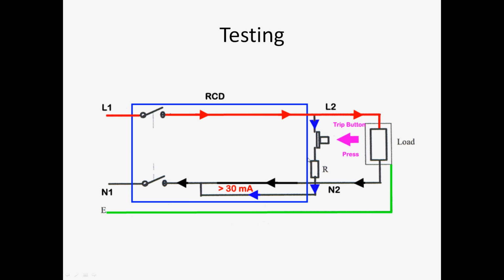Because there is an imbalance caused by pressing the test button, the RCD is supposed to trip. So this is the process of testing the RCD. Suppose the RCD doesn't trip even if you press the test button, then it is necessary to replace that RCD, because it will not give protection even under a real fault.